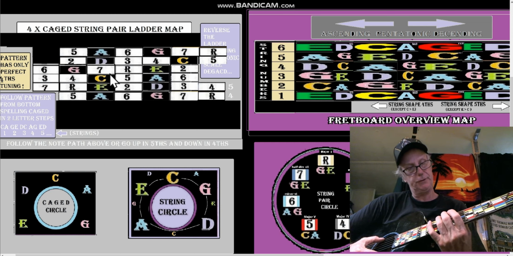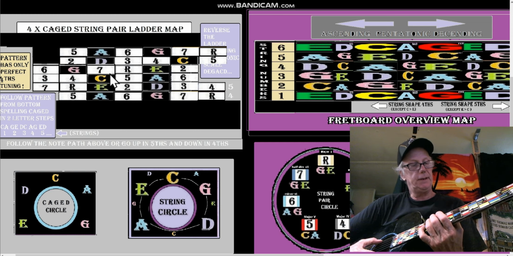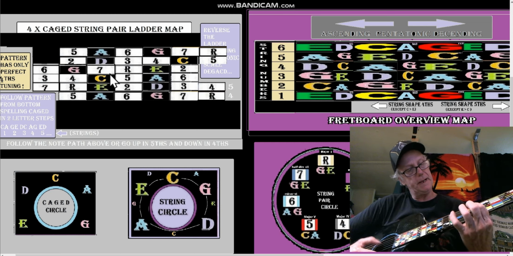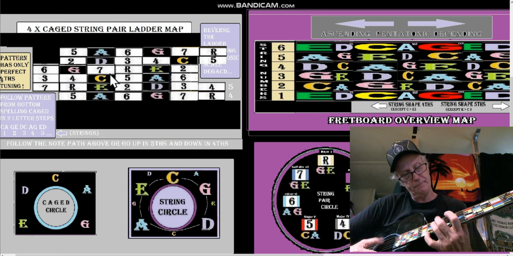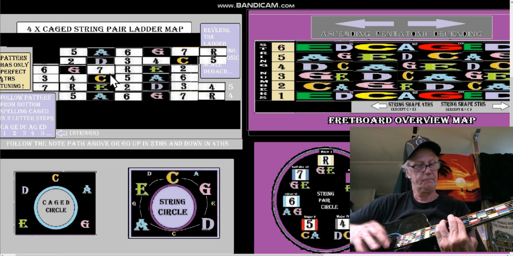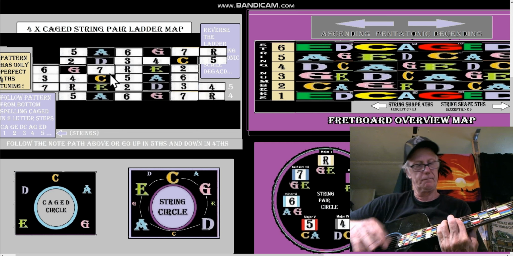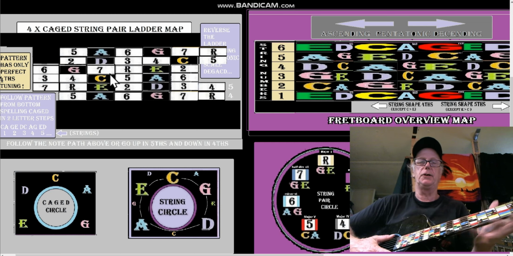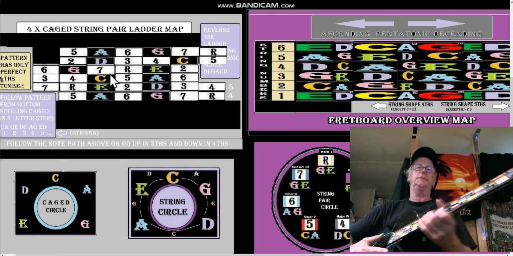A goes to G. G goes to E in that pair. All right, E goes to D. That kind of thing, so you can kind of build your way up, and people love that.